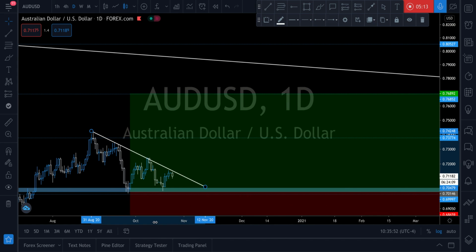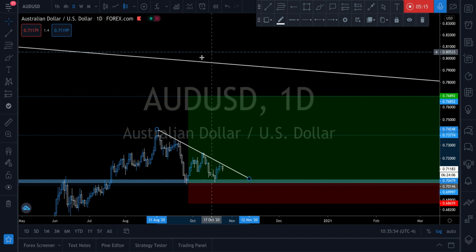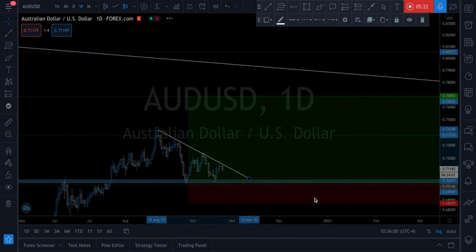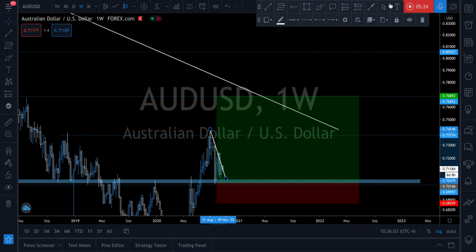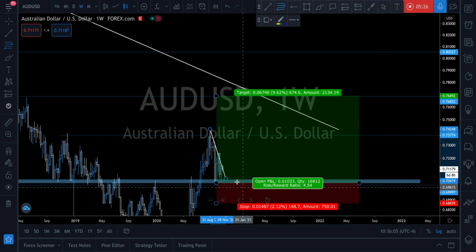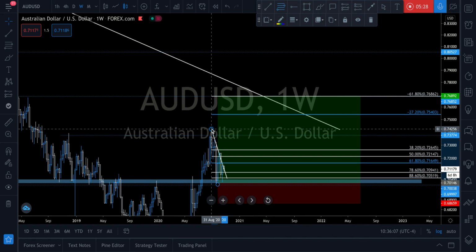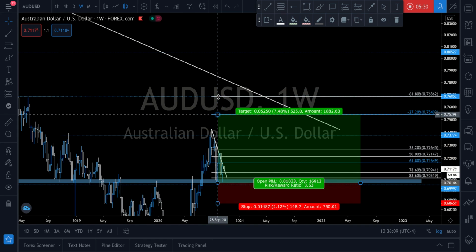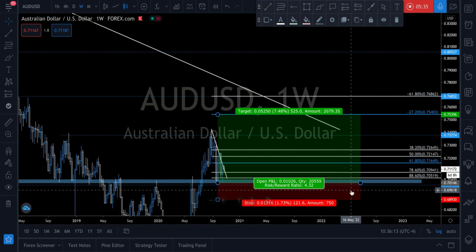So let's zoom out just a little bit further. Let's go back to the weekly and look at an actual target point for us. So this one is going to be a relatively smaller trade.